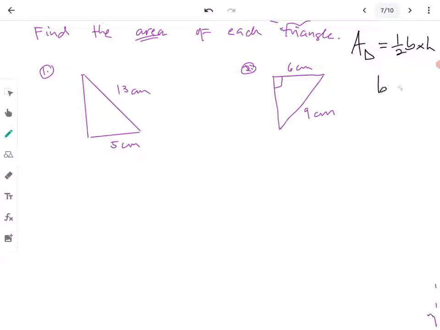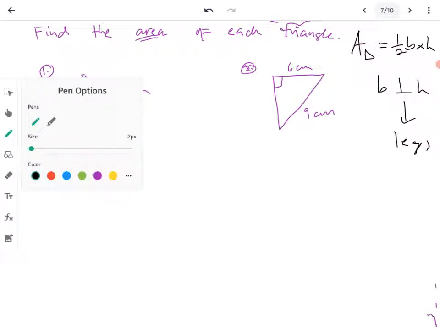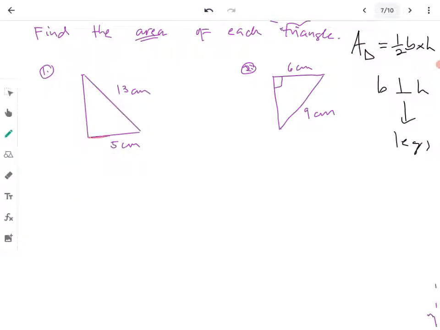The base should be perpendicular to the height, and these are actually the legs. So here we need these legs to get the area. We need the 15 and this side. In this case we cannot compute the area because one side, the height, is unknown.